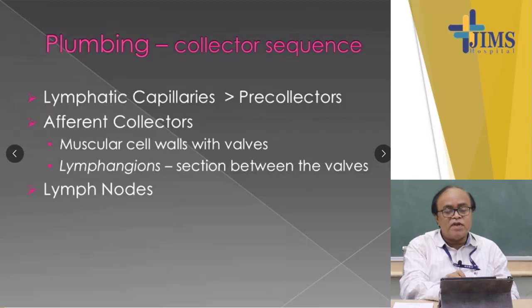They have muscular cells with valves at separate distances. The area between the valves is called a lymphangion. The valves produce resistance to the backflow of lymph to the tissue spaces. Then it ultimately drains into the lymph nodes.